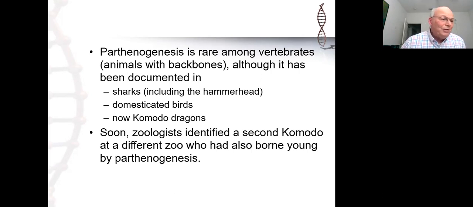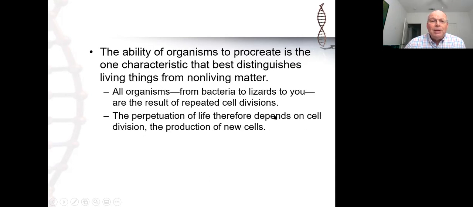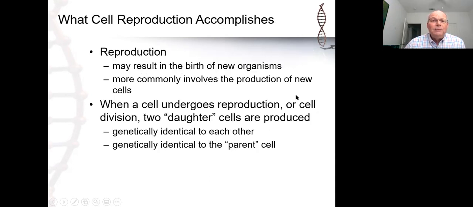So one of the reasons why we delve into cell division in this chapter is to form the basis, the foundation for understanding the patterns of inheritance that we're going to talk about in the next chapter. So there are several reasons for digging deep into this chapter and trying to understand as best we can cell division. So let's move on and start talking about cell division.